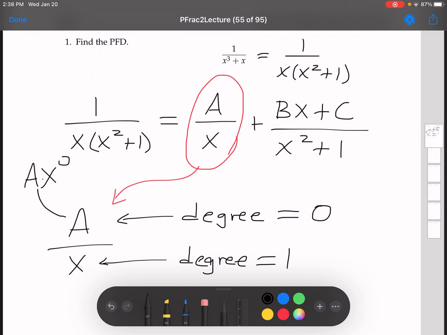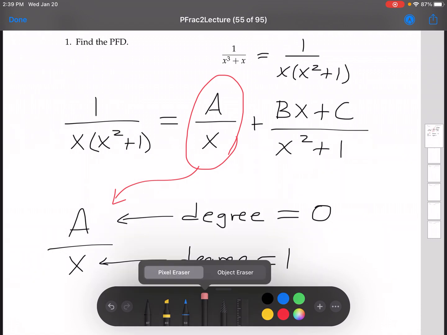And so in this case, the highest power of x is 0. And so the idea is you always want the thing on top to be 1 degree less than the thing on the bottom. You want the numerator to be 1 degree less than the denominator. So in this piece here, a over x, the degree of the denominator is 1. 1 less than 1 is 0. So that's why the degree of the top is 0.